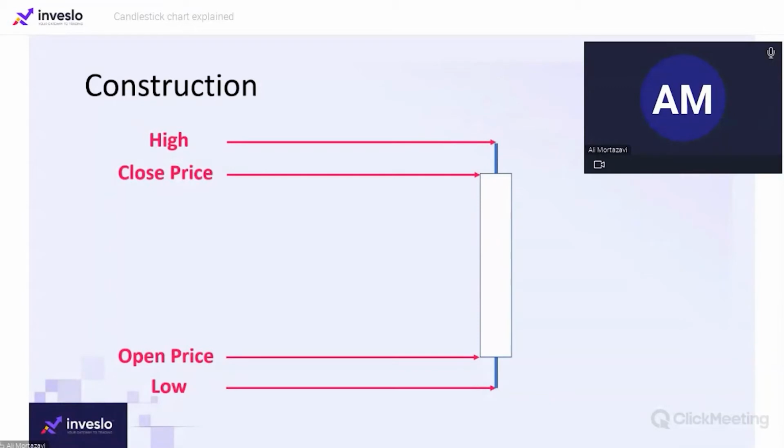These are the construction of the candlestick, which comprises four price dimensions: the low price, the open price and the close price at each session, and the lowest and the highest price of each session as well.